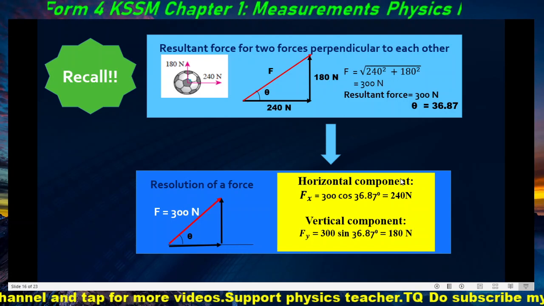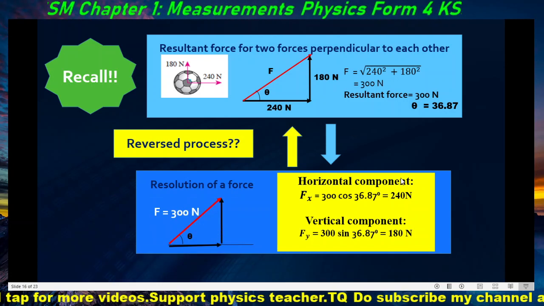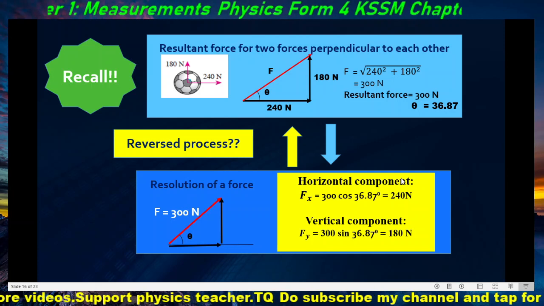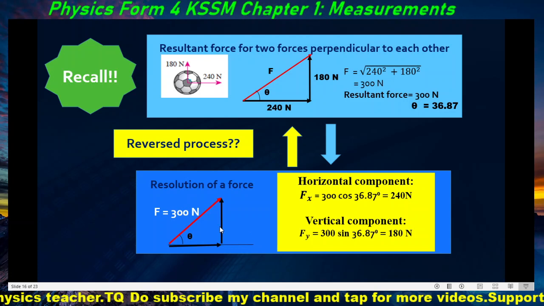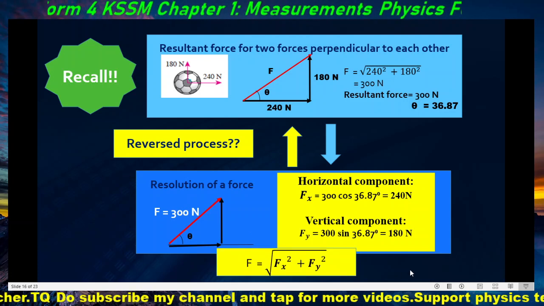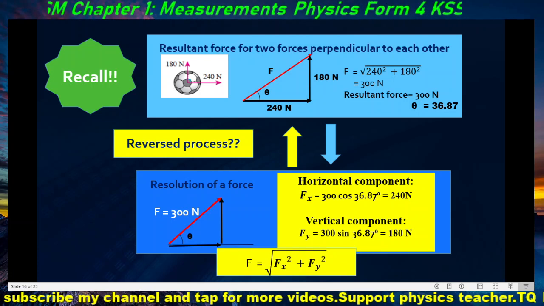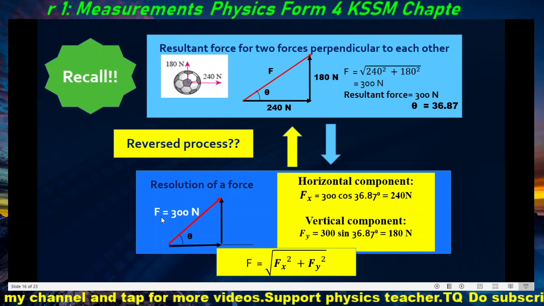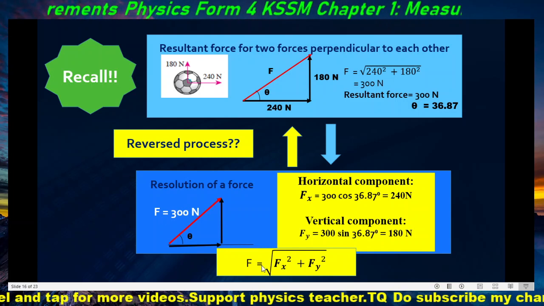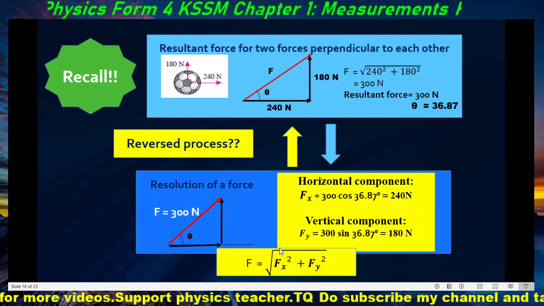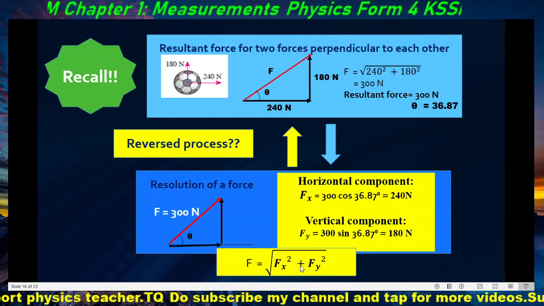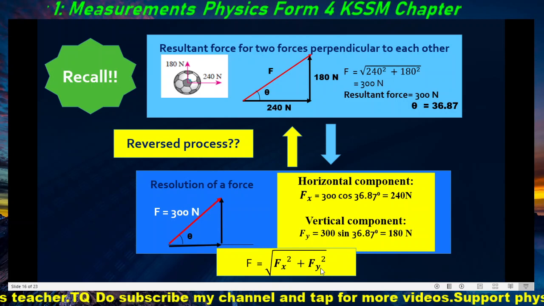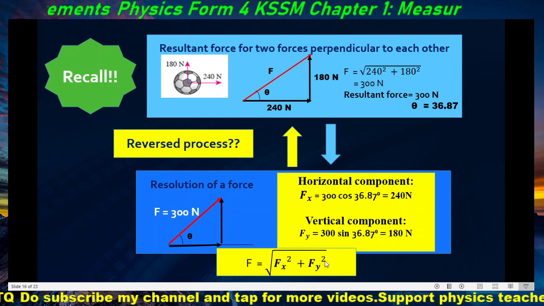Does this look like a reverse process? It looks like a reverse process, meaning we can apply the same formula. So the value of F is also equal to the square root of horizontal component Fx squared plus vertical component Fy squared.